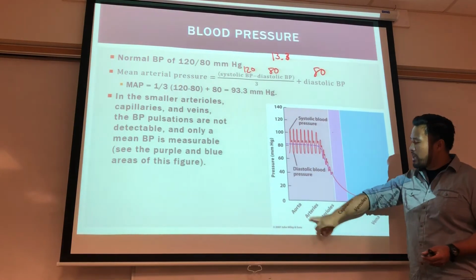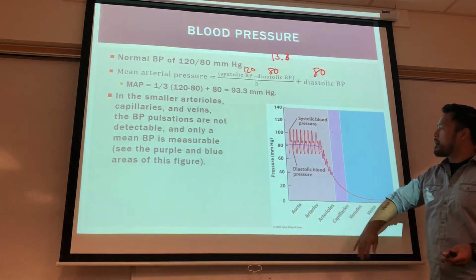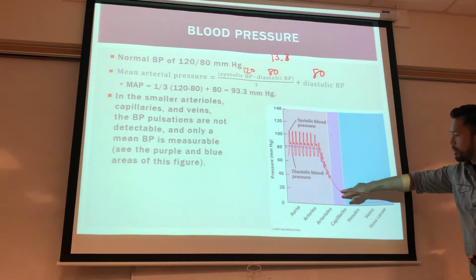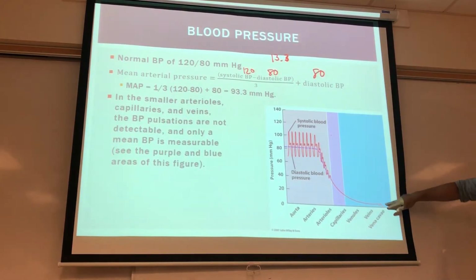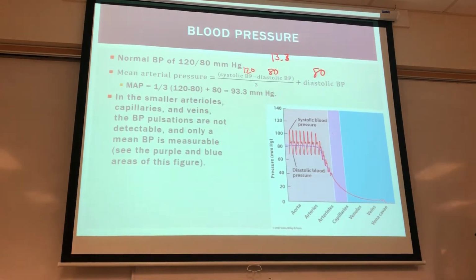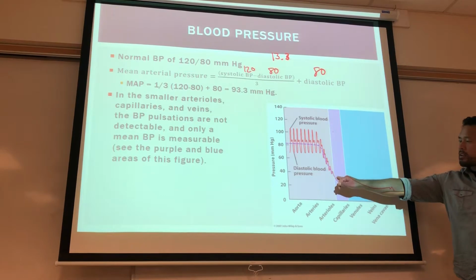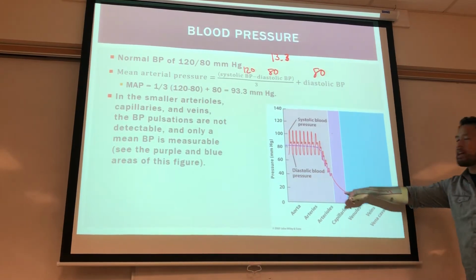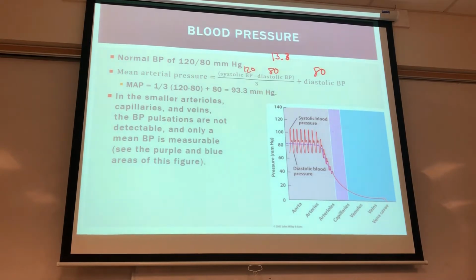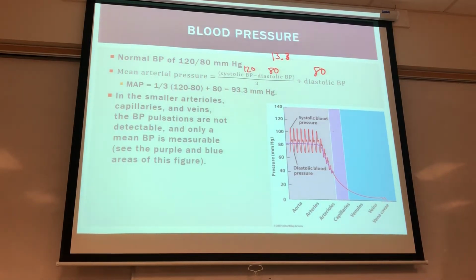These are measurable changes that are taking place in the aorta and the arteries, and again, we'll see it decrease by the time it makes its way down to the capillaries, venules, and veins. And again, we'll explore what's taking place in the capillaries at the tail end of our vessel lecture. We want to be cognizant of the pressures right in that area, because that's going to affect the amount of fluid that moves in and out of the capillaries, as well as the gas exchange that takes place.